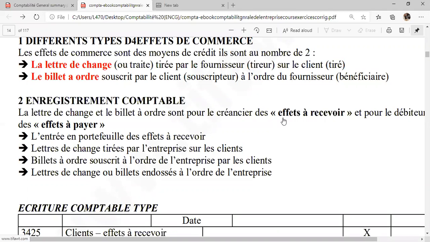Everything which decreases is credited, and every account which increases is debited. So if the bank account decreases because we lost money, this effet à payer is going to increase because we gained money. This specific account gained more money.